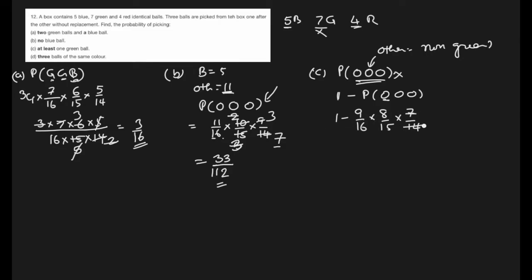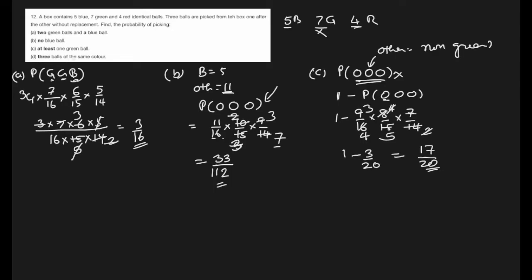So 7 and 14, 2 times 4, 4 times 4, 3 times 5, 3 times 3. So nothing is left. 1 minus 3 out of 20, which is 17 out of 20. That's the probability.